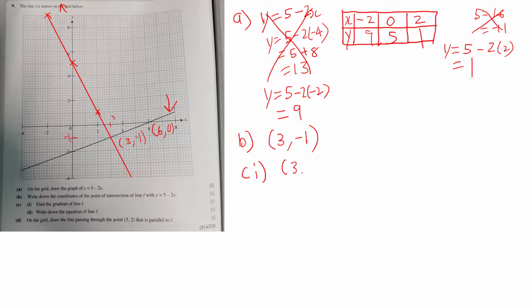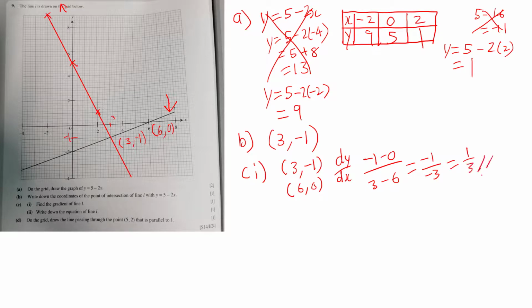So 3, -1, 6, 0. Then remember your dy over dx. So -1 minus 0 over 3 minus 6. You will get -1 over -3, which will give me 1/3, and that will be my gradient.